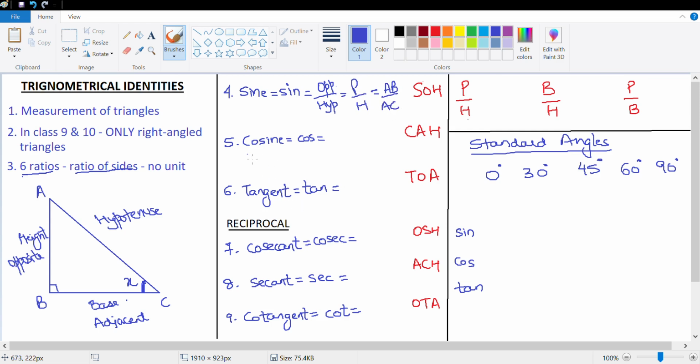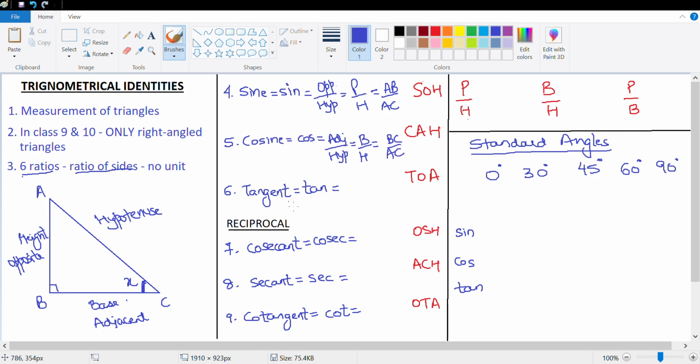Next, the second ratio is cosine, which is written as cos, which is basically adjacent upon hypotenuse, also base upon hypotenuse. In this question, it will be BC upon AC.